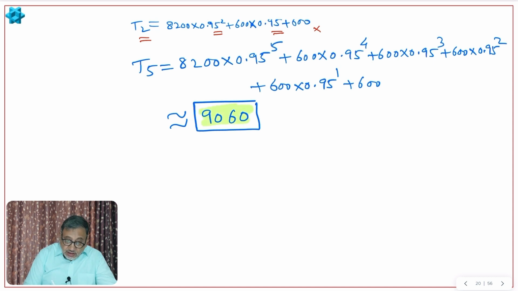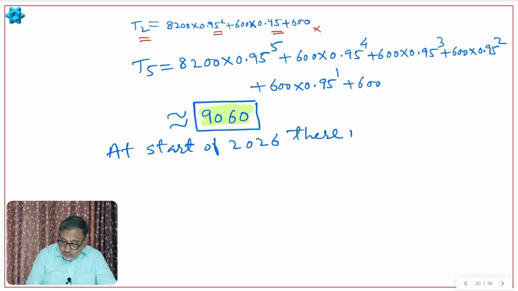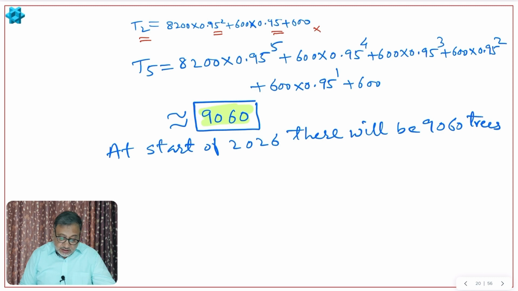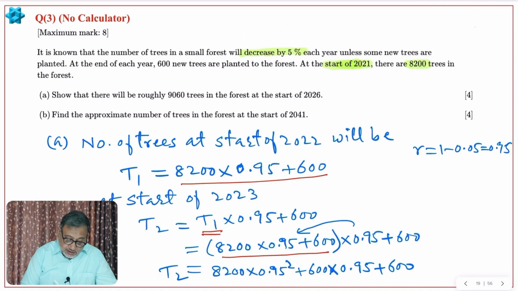So at the start of 2026 there will be 9060 trees, right? Now I think there is another part. Yeah, the B part is there.